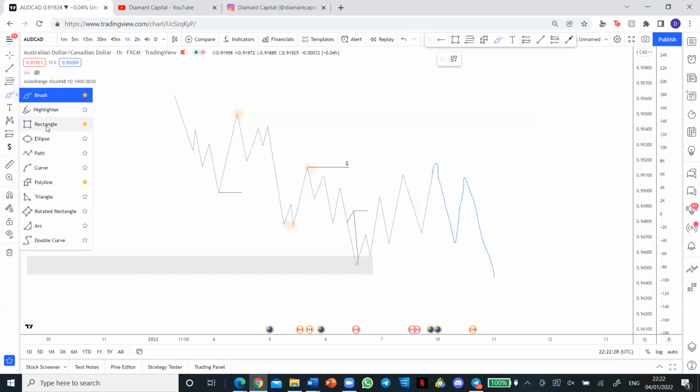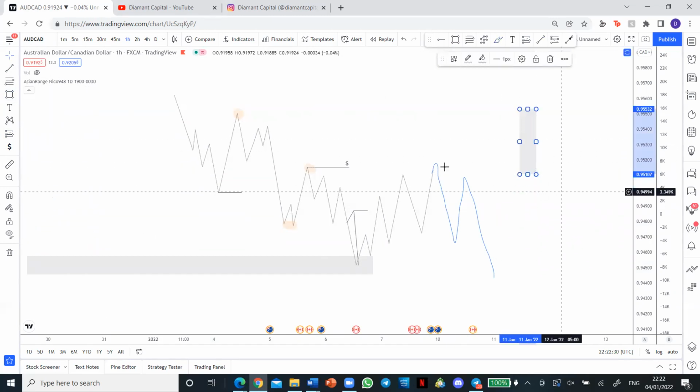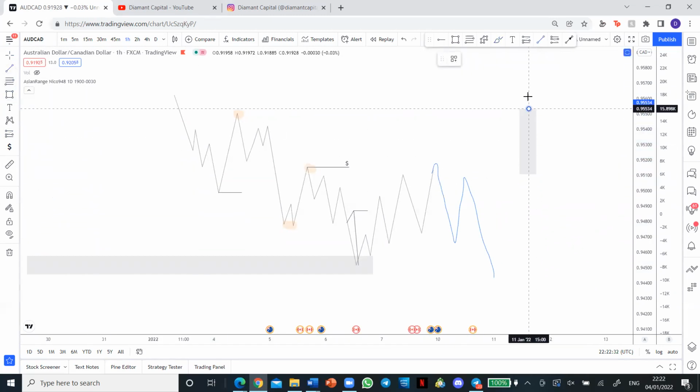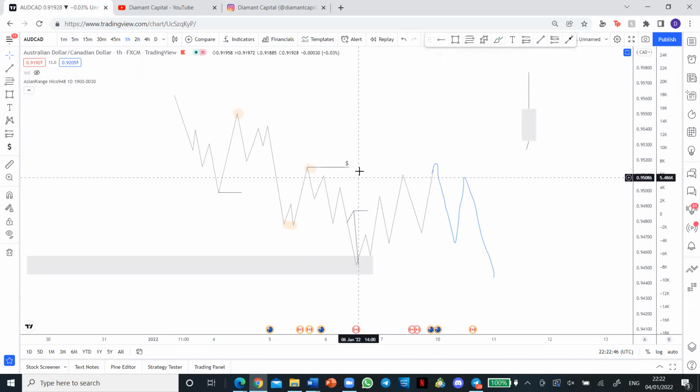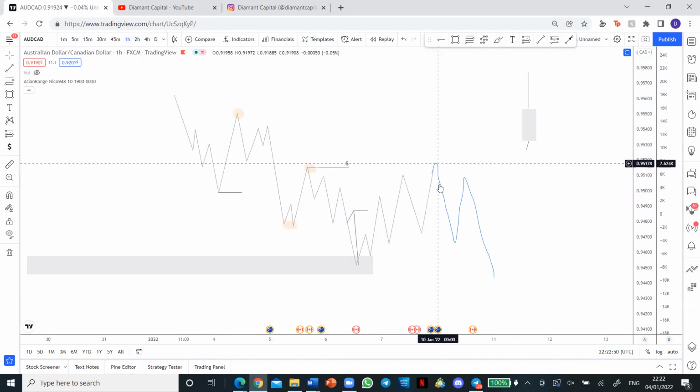At times you get something like this. Let me just reduce that. So you get what I mean. It might just be a little wick above this high. So technically, we could say that we are still in the downside structure.